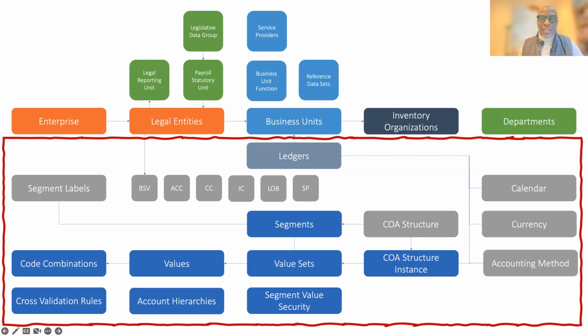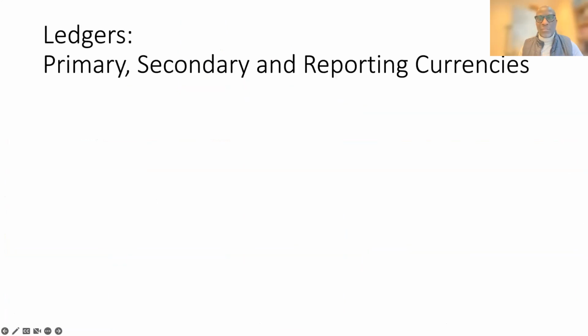Now, let's move swiftly into the ledgers. As I mentioned earlier on, you've got three types of ledgers in Fusion. And ledgers, for those who don't have an accounting background, are record-keeping structures that are used to record transactions and track financial results.